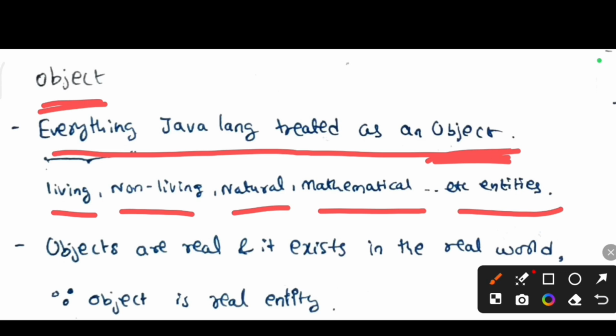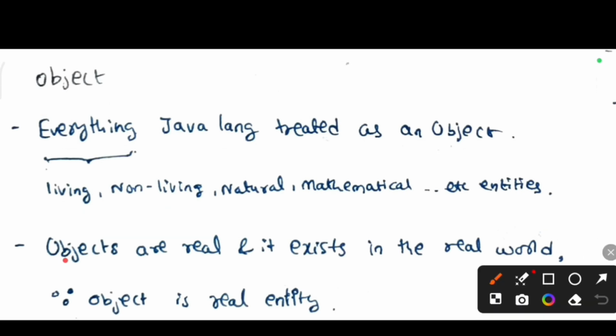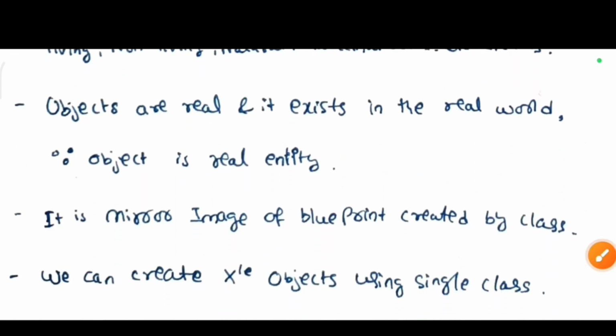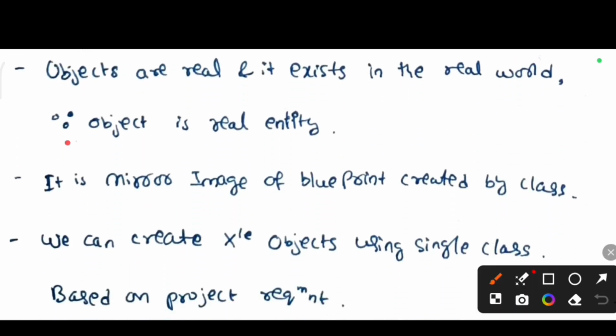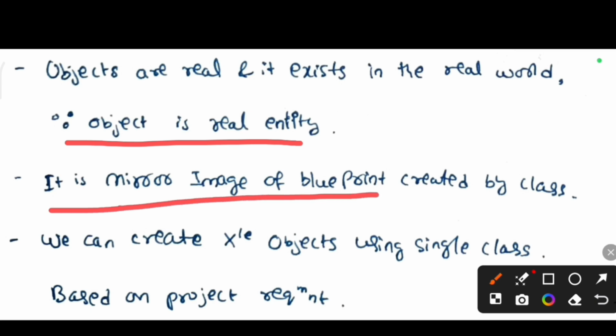Objects are real and they exist. As we just saw, objects exist in the real world, so hence an object is a real entity. Again, it is a mirror image of the blueprint. Whatever blueprint we design, we get the exact object, right? So it is nothing but the mirror image of the blueprint created by class.